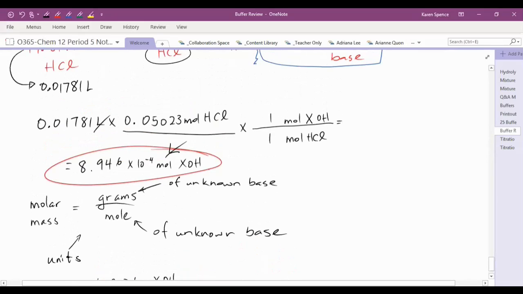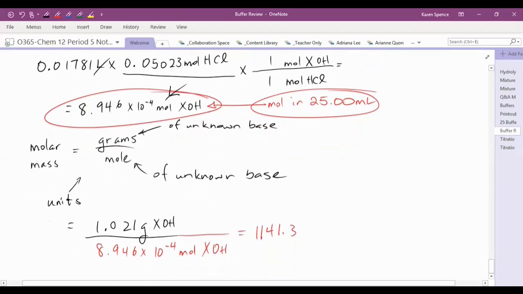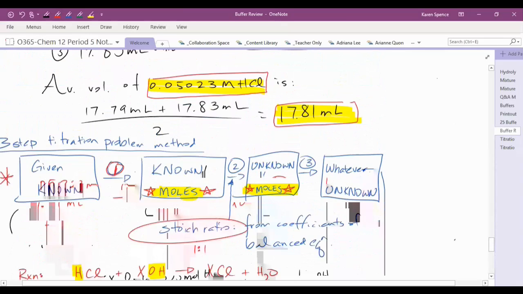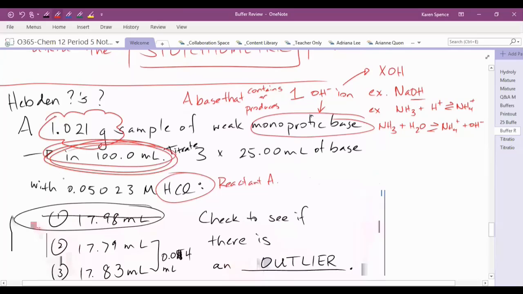I wasn't even thinking. I should have been reading my question more carefully. I titrated 25 milliliter portions of this, so this was the moles in 25 milliliters. But if you remember from the question, I dissolved my 1.021 gram sample into 100 milliliters.